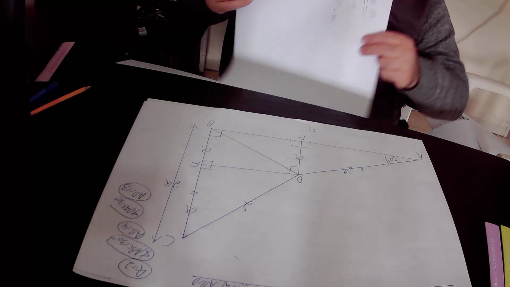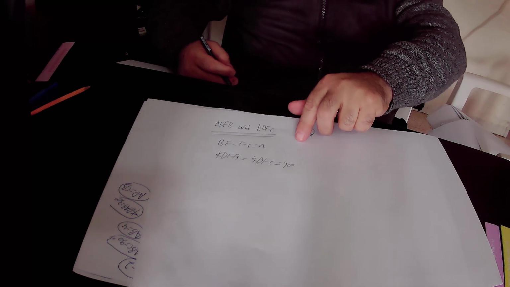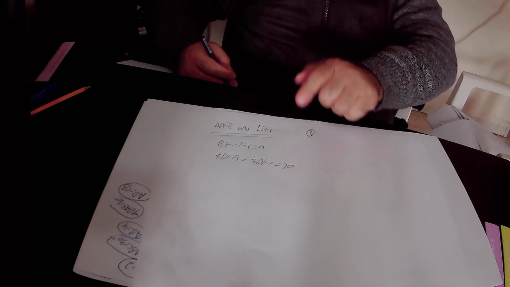I'll repeat again. Angle DFB equals angle DFC equals 90 degrees.